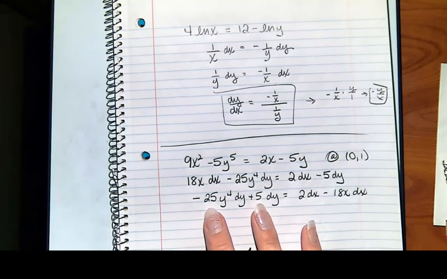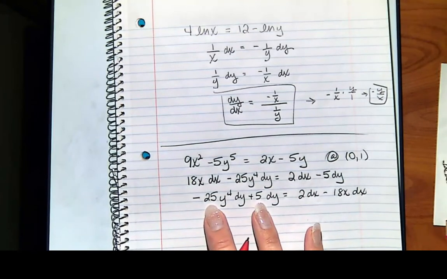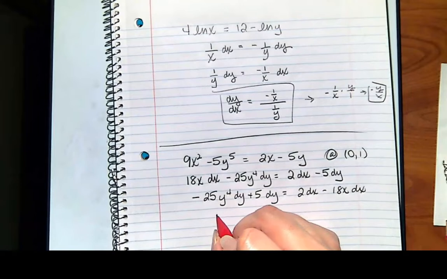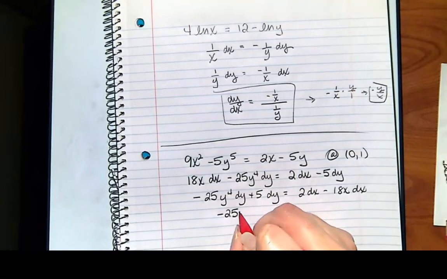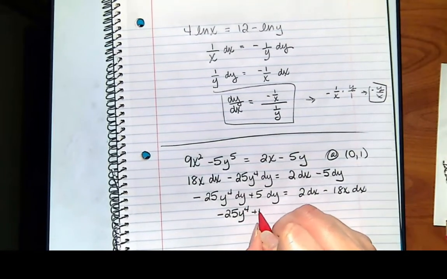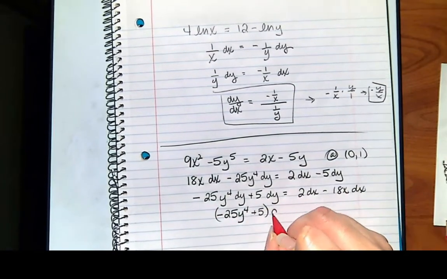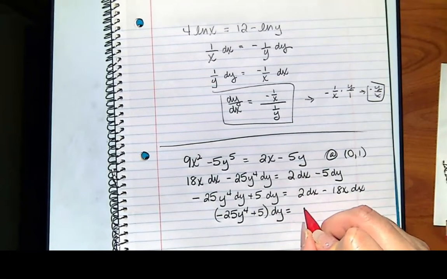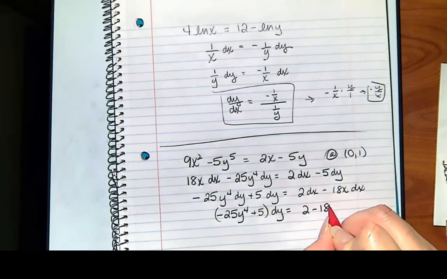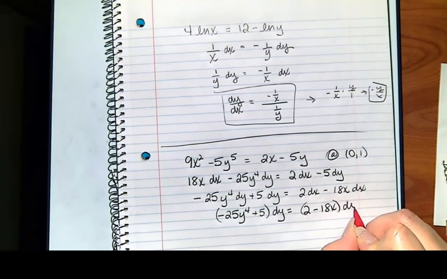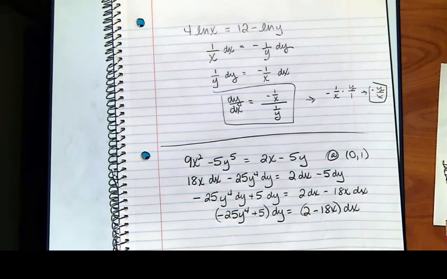Now if you can't combine them with like terms, which they're not, factor out your dy. So negative 25y to the 4th plus 5 dy is a 2 minus 18x dx. So I just factored out what was common. And now we're back in flippy floppy mode.